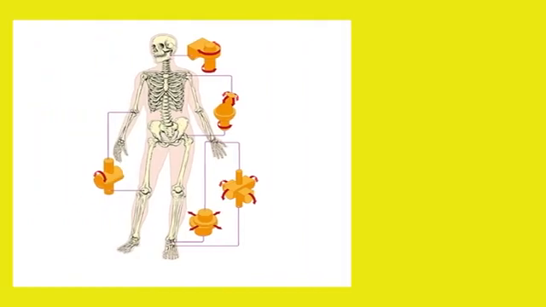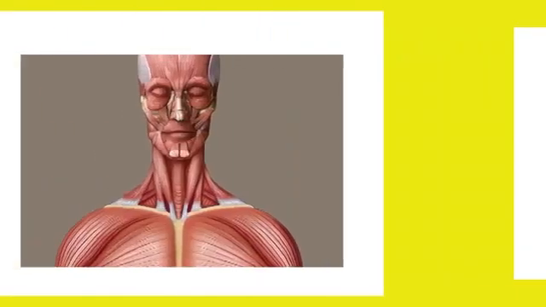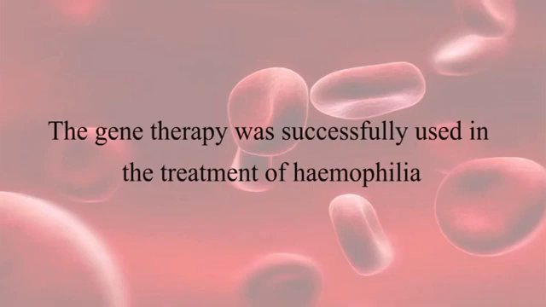In the severe cases of this disease, a person can experience hemorrhages in the joints, soft tissues and muscles. Bleeding can also be life threatening. Gene therapy was successfully used in the treatment of hemophilia.